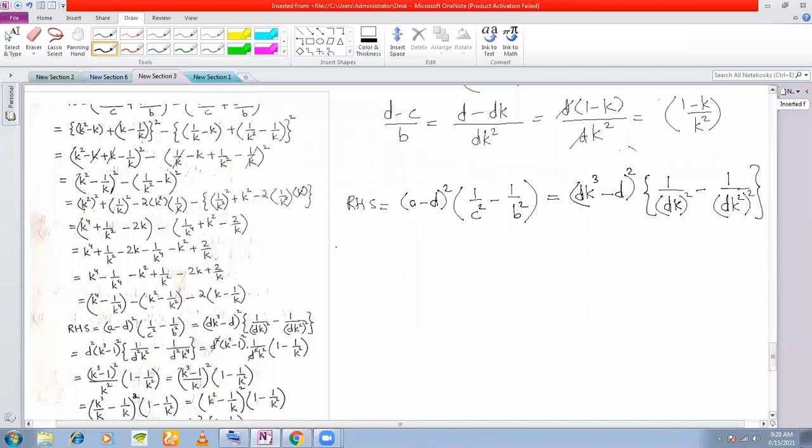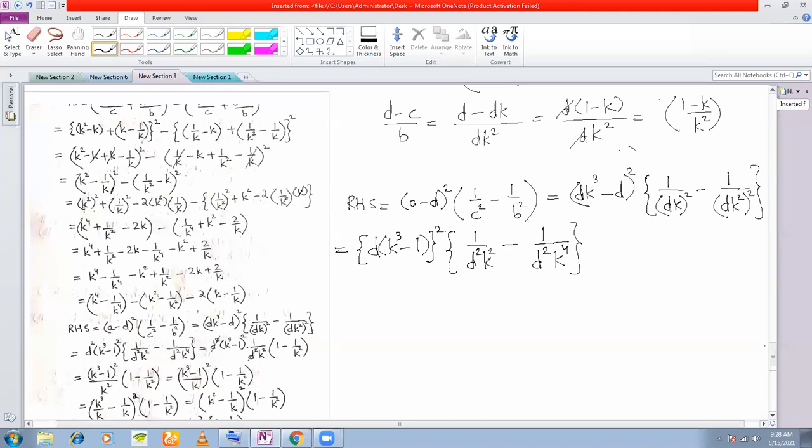Fine. So now from the first one, you can take d common. You're getting k cube minus 1 whole square, right? And in the second one, what you have is 1 by d square k square minus 1 by d square k to the power of 4.